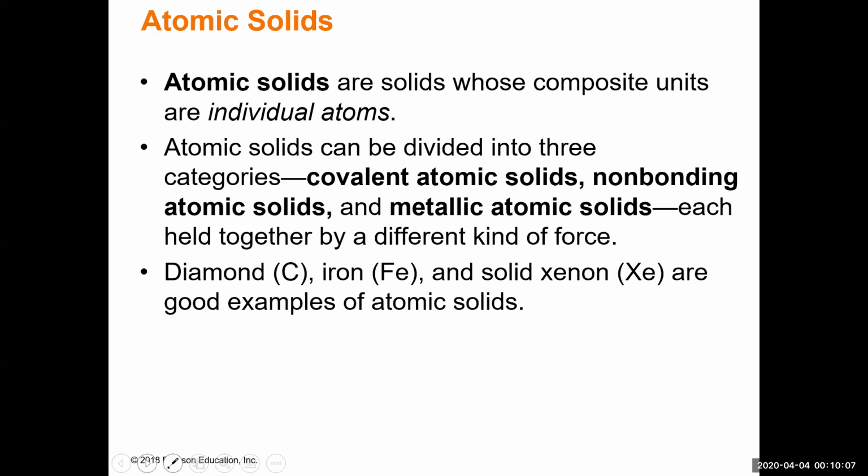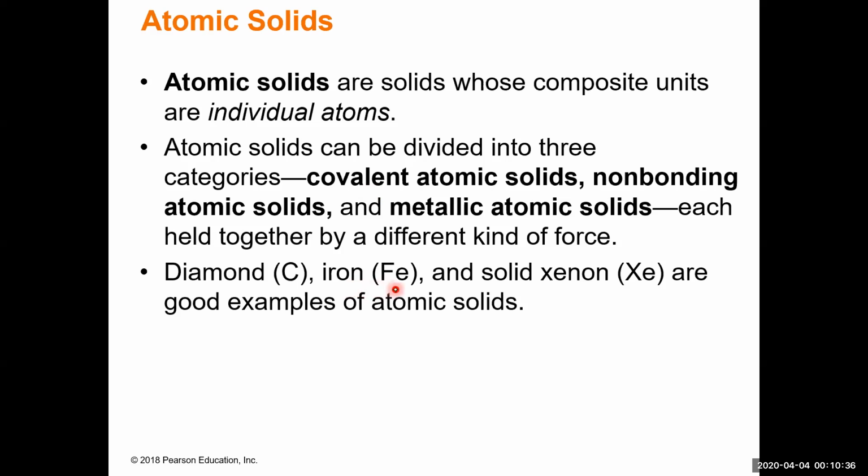So diamond, which is just made up of carbon covalently bonded atoms in a structure, is an atomic solid. It's one of our covalent atomic solids.